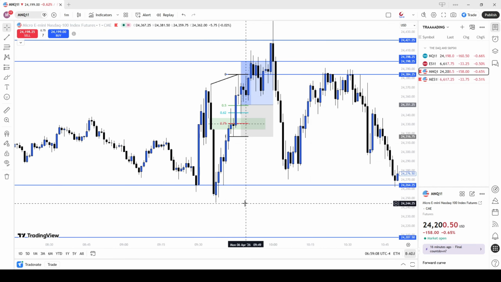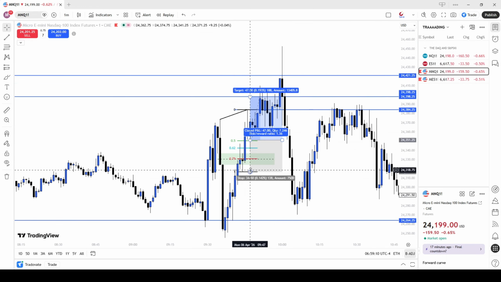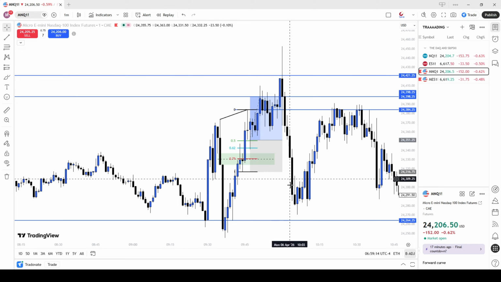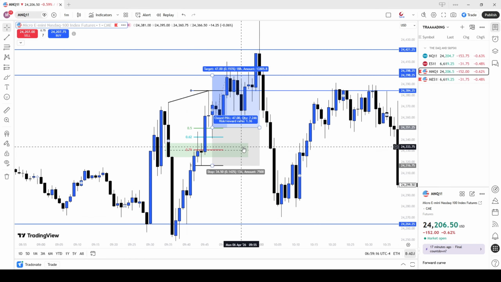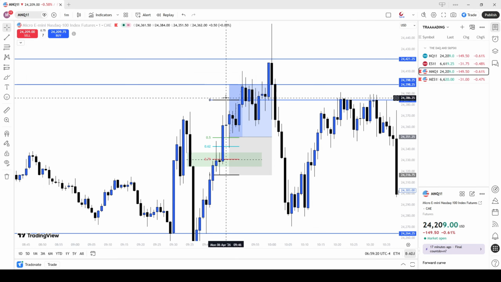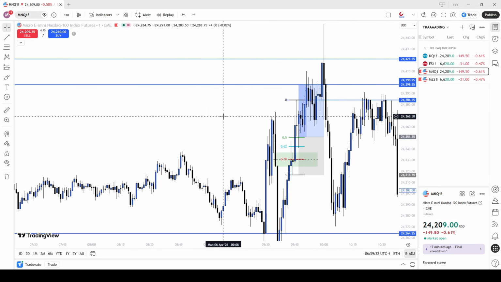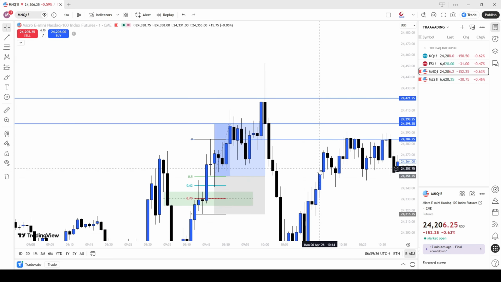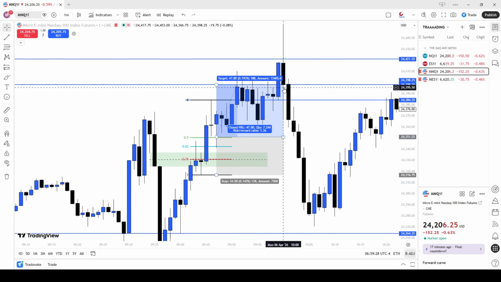Probably not sweep out this low again, but could be a matter of coming here and then only going higher. But especially putting this high so close to London high, we probably would have taken it out.